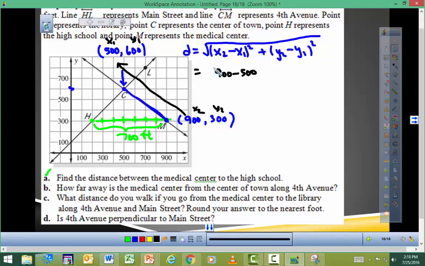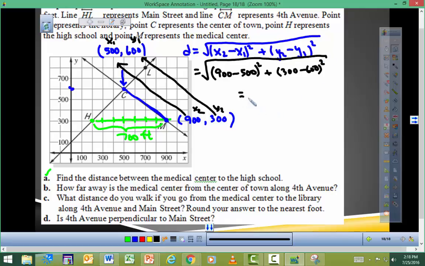Okay, and then I'm going to square that. I'm going to add that to, well, this one minus that one. So 300 minus 600. And then we're going to square that. And then we have to take the square root of all that.